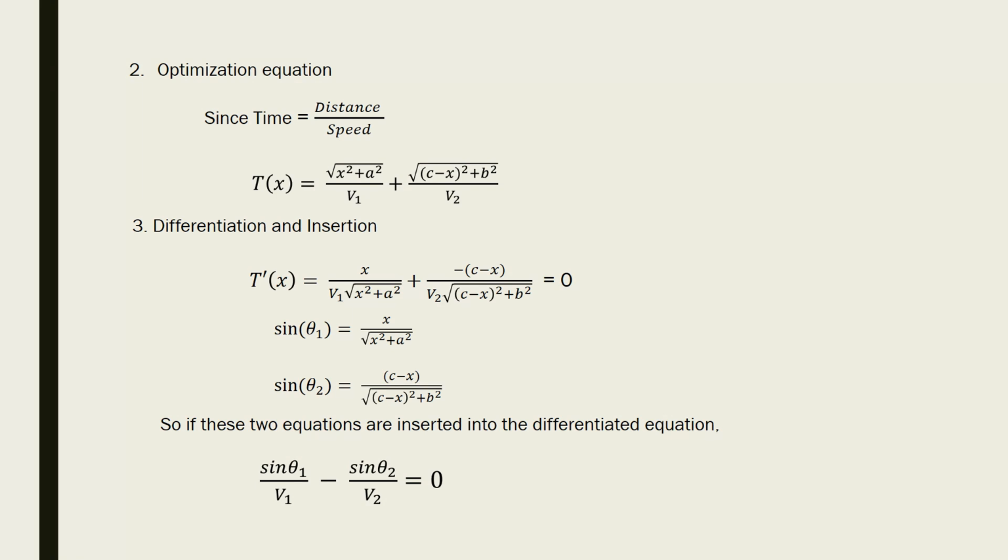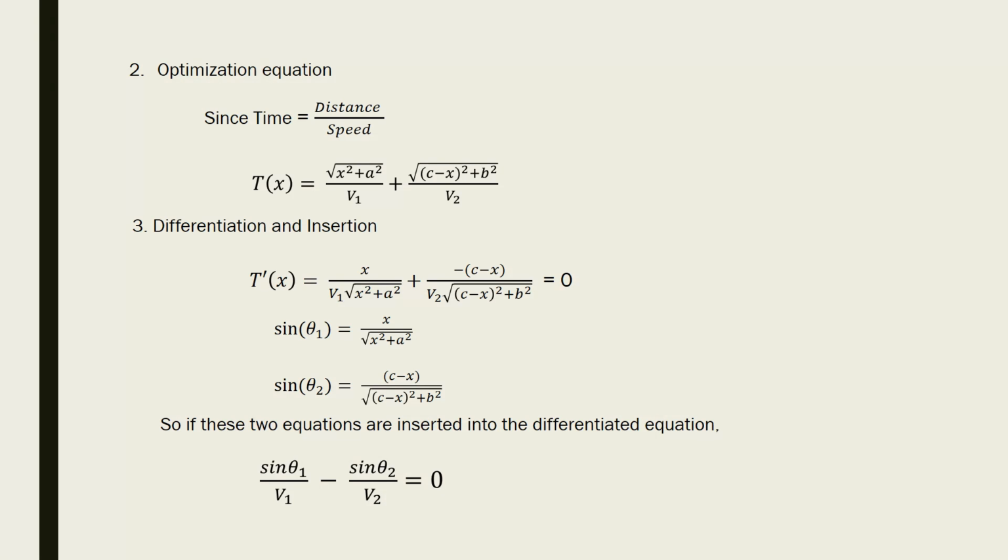And since sin ζ1 equals x over the square root of x squared plus a squared, and sin ζ2 equals (c minus x) over the square root of (c minus x) squared plus b squared.